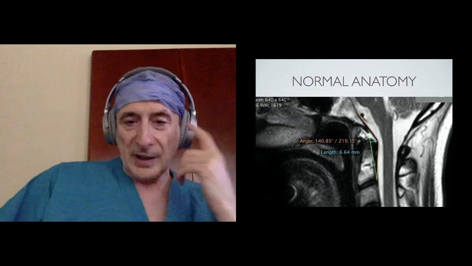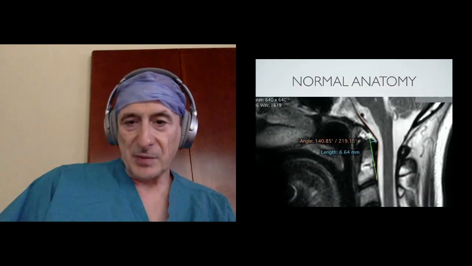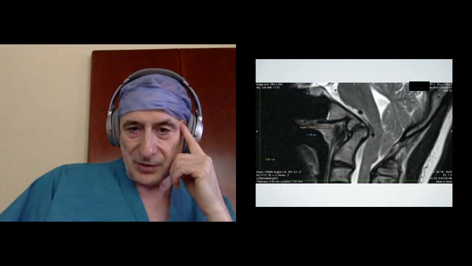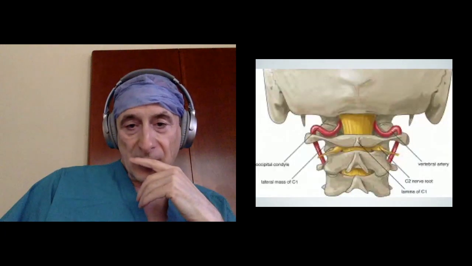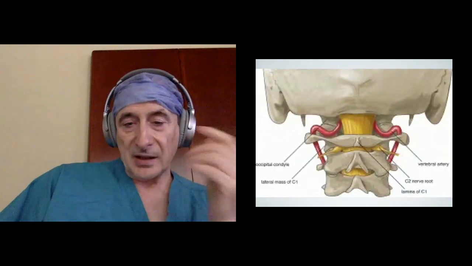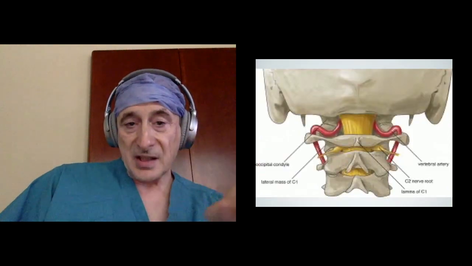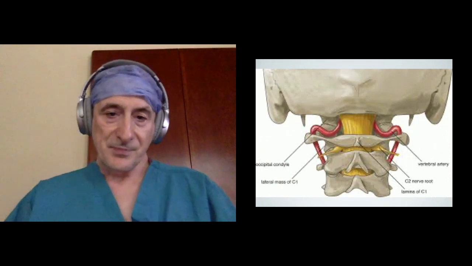So this is normal anatomy, and this is abnormal. You see already that there is a big difference between this and this. The top of C2 is kicked backwards and is compressing the brainstem. In this case, these are the normal arteries seen from behind, and these arteries can be pinched if the skull is too close to the first vertebra.